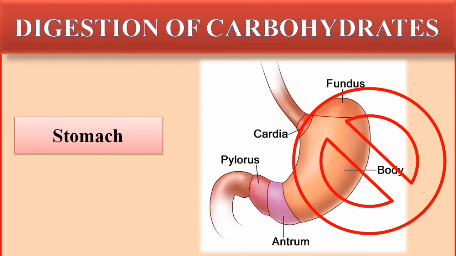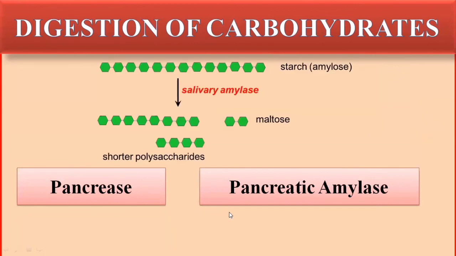Then the food will travel to the small intestine. What will happen in the small intestine? Two types of juices are secreted. One juice comes from the pancreas, the pancreatic juice, which contains the most important enzyme involved in the digestion of carbohydrate, pancreatic amylase.